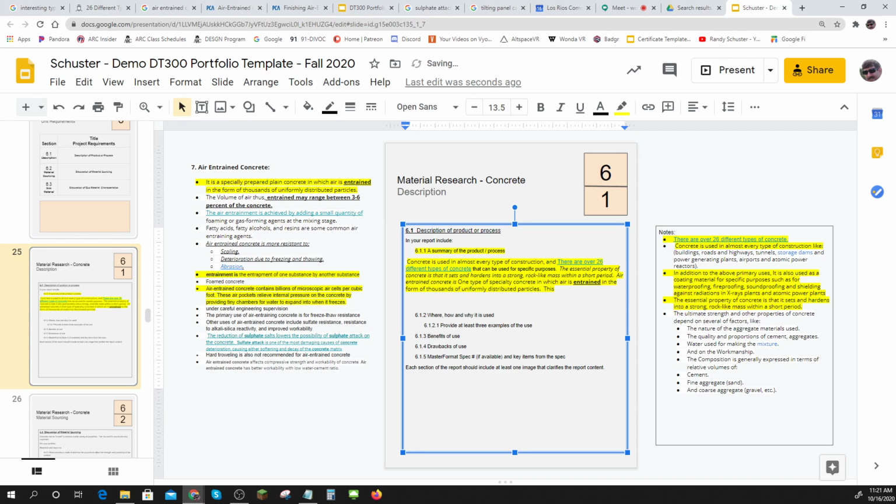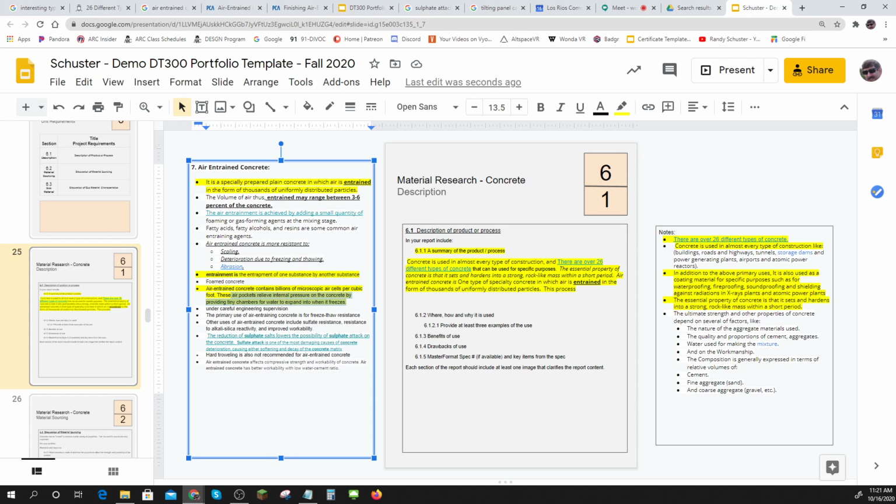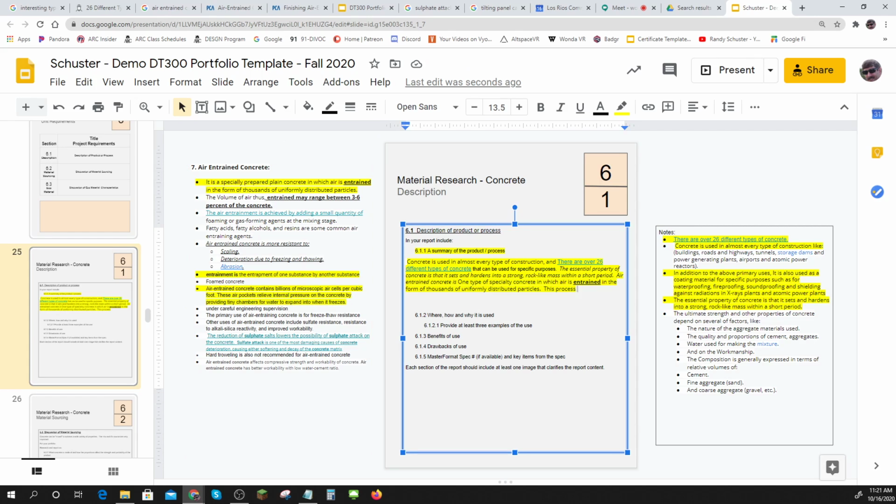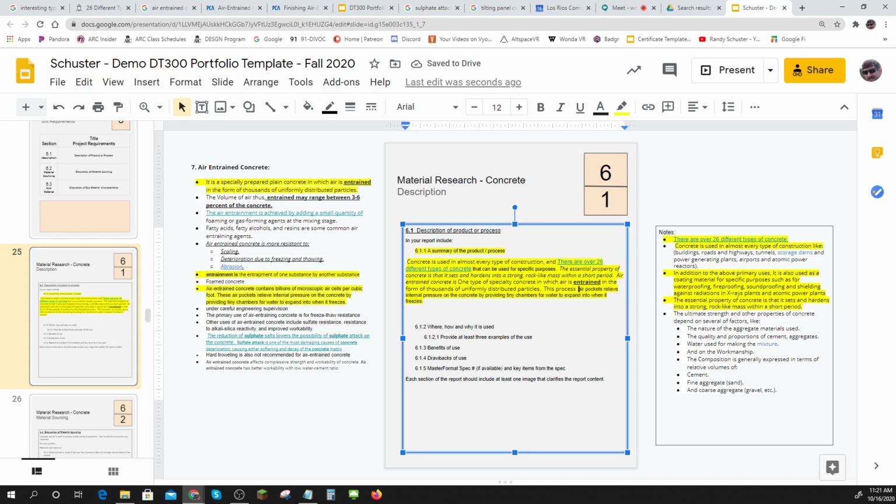This process creates air pockets which relieve internal pressure on the concrete when it freezes. There, that's kind of like what it does. And I don't think I've taken up too much space. I might come back and get rid of it in a little bit more.